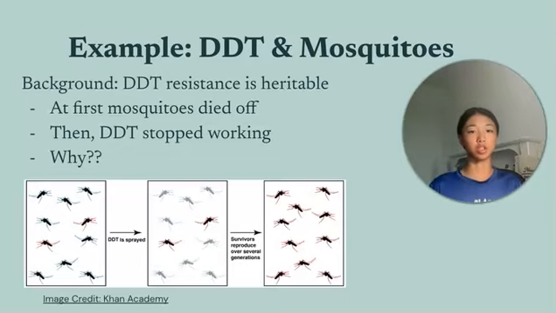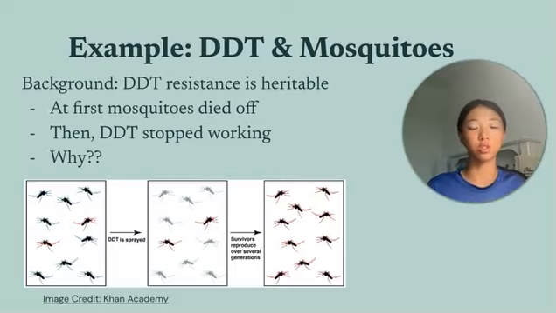After the first batch of mosquitoes died off, the remaining mosquitoes, maybe just 100 left or something, were all DDT resistant. And since DDT resistance is a heritable trait, which means that those mosquitoes' offspring will also be DDT resistant.